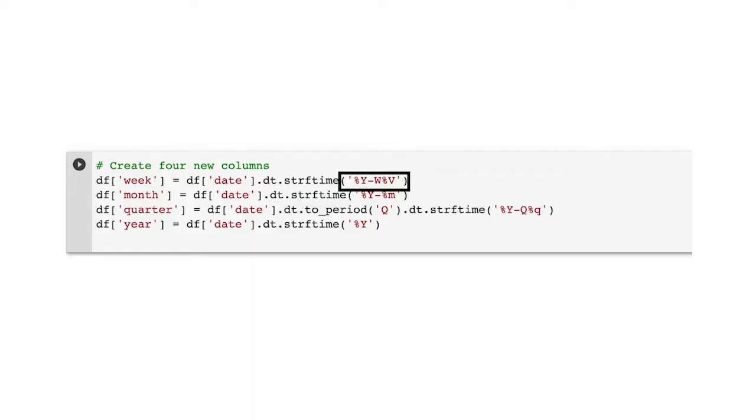The % sign is the command which tells the datetime format to use the year data in the string. The W implies this is a week, and the V stands for value, as in a sequential number running from 1 to 52. The final string output for the column data will be in this format: 2016-W27.